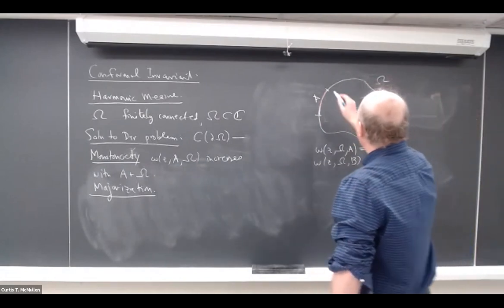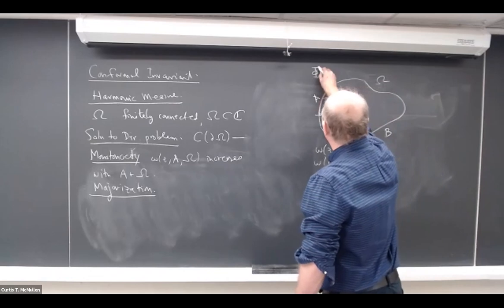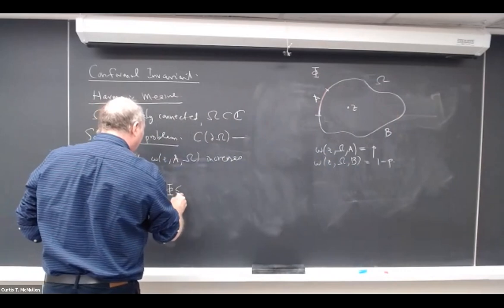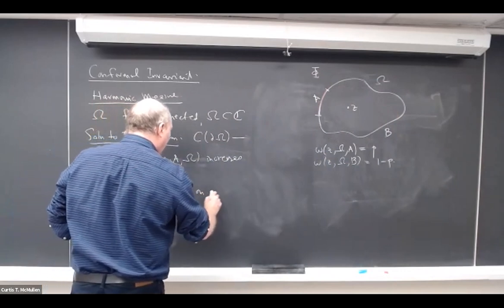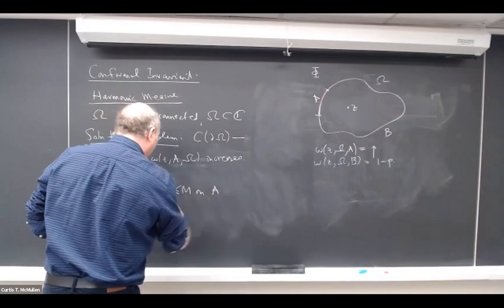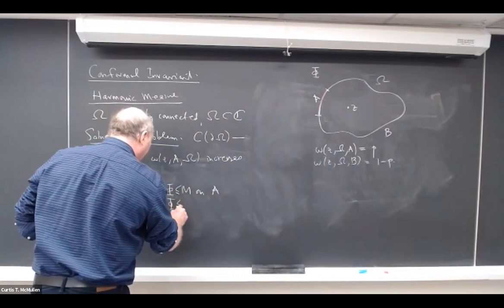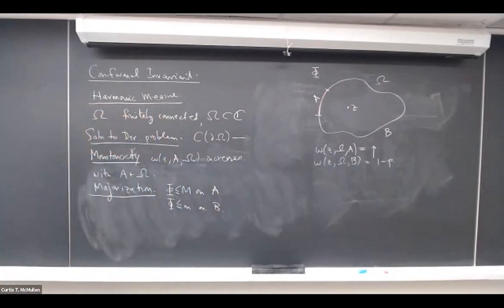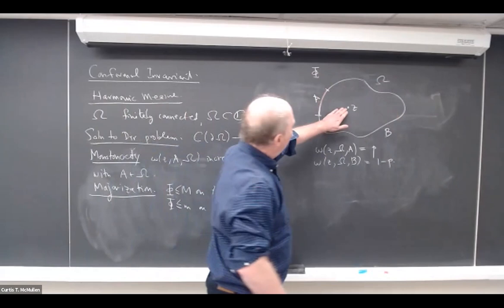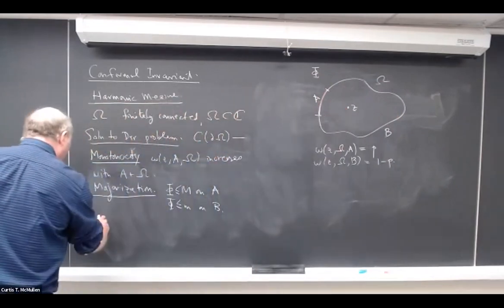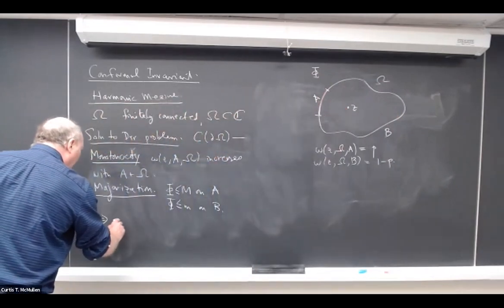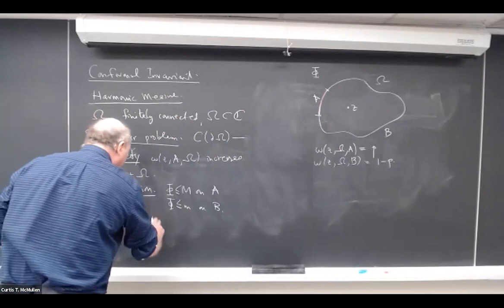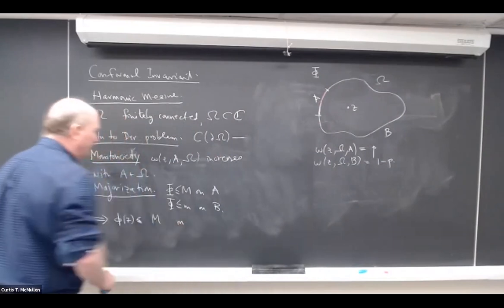And now suppose we have a function, boundary data, capital Phi, and if Phi is less than or equal to M on A, and Phi is less than or equal to little m on B, then what do you think we can say about the value of Phi at Z? Well, this implies that the value of the harmonic extension at Z is less than or equal to some linear combination of big M and little m.